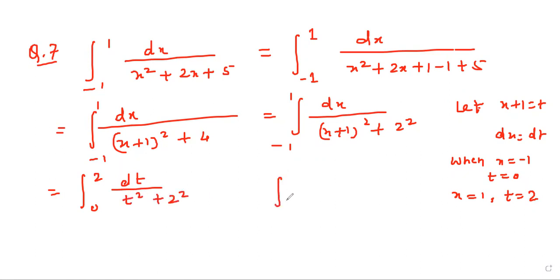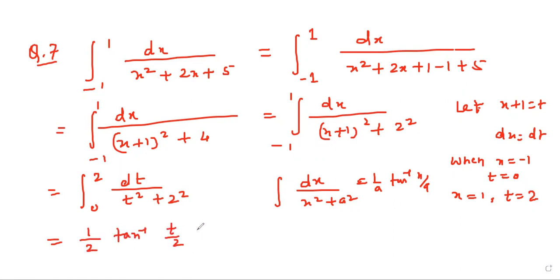If you remember the formula, integration dx upon x square plus a square becomes 1 upon a tan inverse x upon a. So here a is 2, 1 upon 2 tan inverse t upon 2, limits 0 to 2.